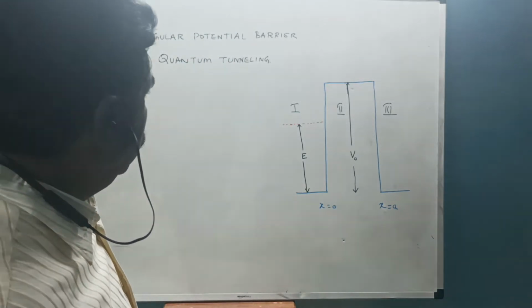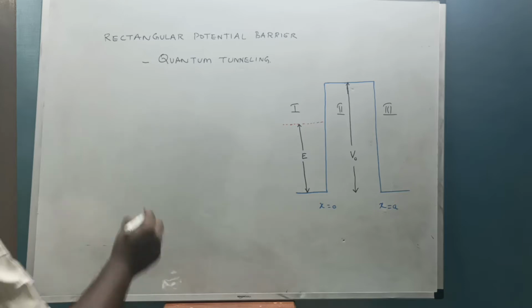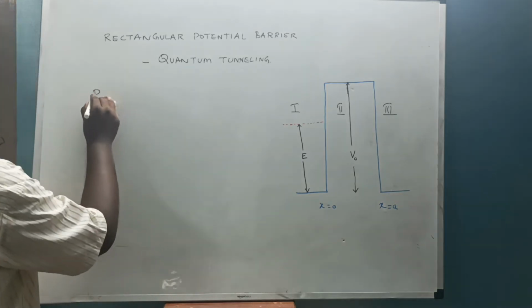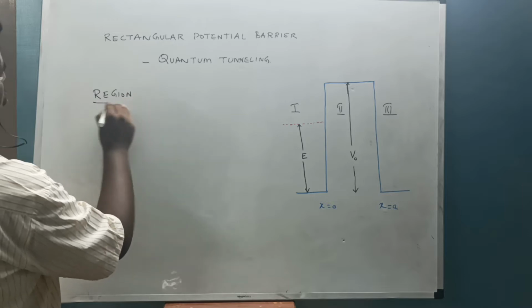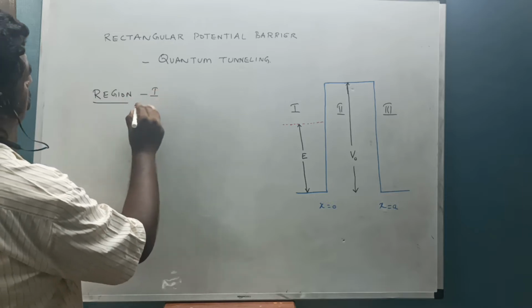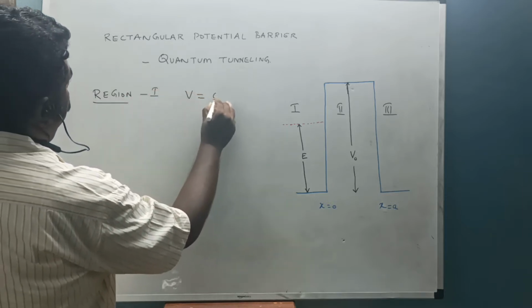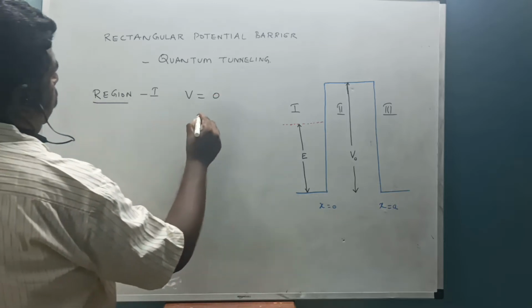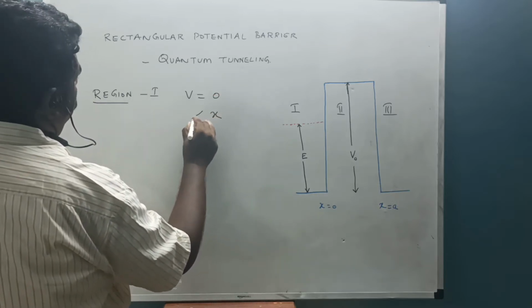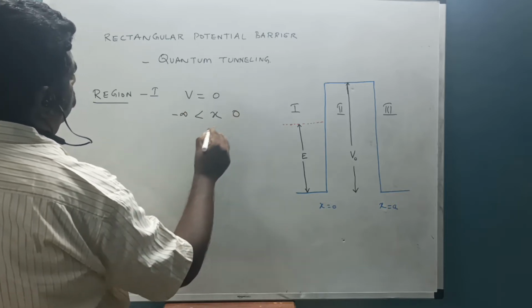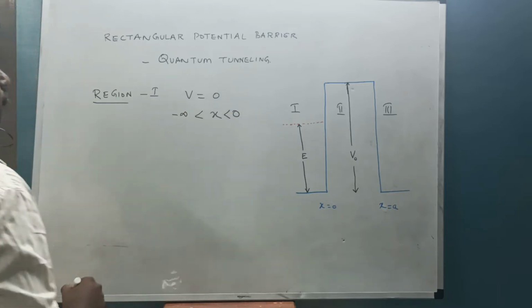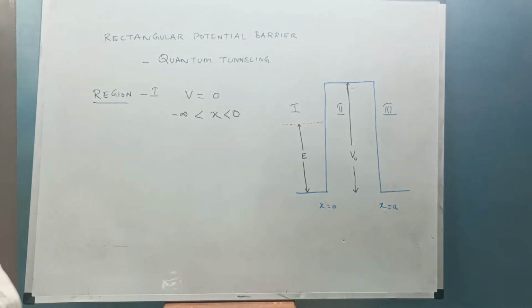Now we have to develop the Schrodinger equation for region 1 with the condition of potential V equal to 0, then the value of x is greater than minus infinity and less than 0. This is the condition for 0 potential.